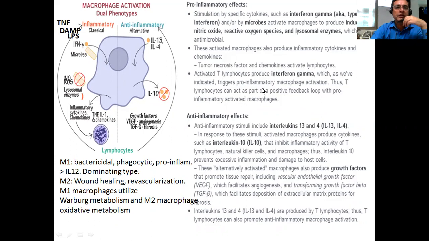Today, I'm going to talk about activation of macrophages. In the previous lectures, we learned that these cells are present right from early embryonic development during gestation.